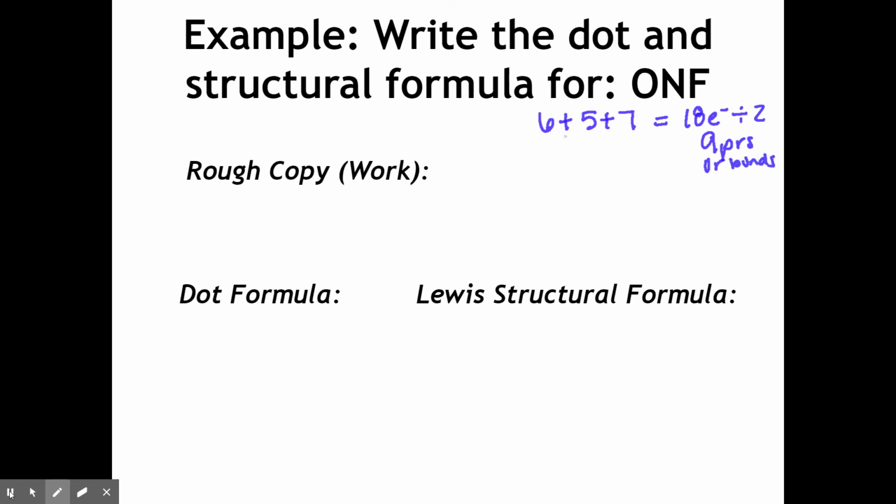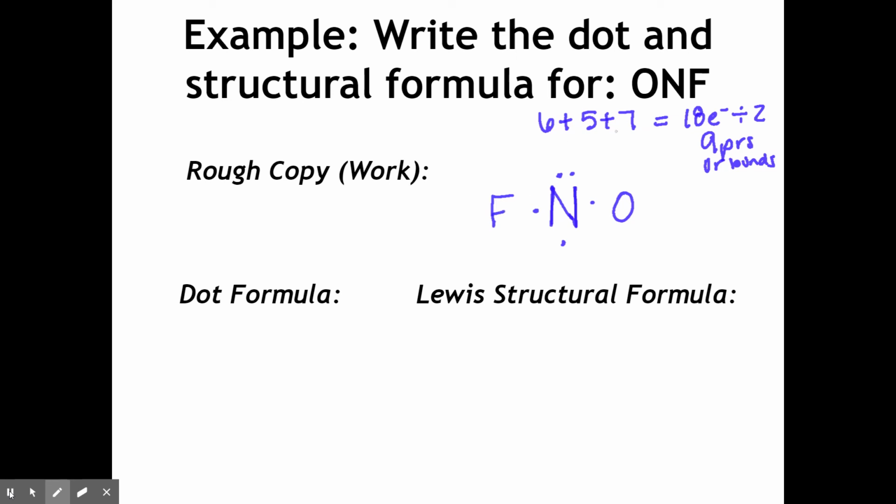Okay. 5 is my lowest number, so I know that goes with nitrogen, so it goes in the center because it needs the most bonds. Go ahead and draw the valence electrons for nitrogen. On one side, I'm going to put the O. On the other side, I'm going to put the F. Let's go ahead.